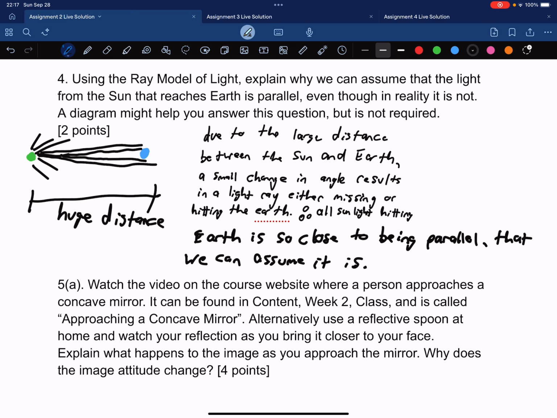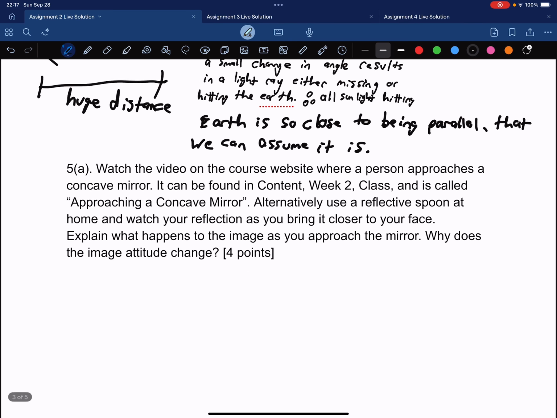Looking back, this is known as paraxial approximation. So looking back in the lecture notes, that's what you should keep an eye out for.